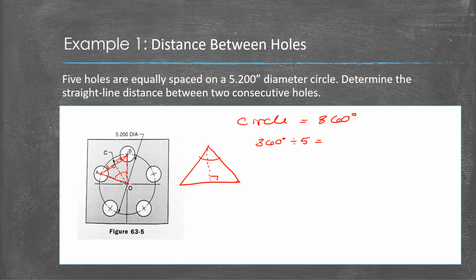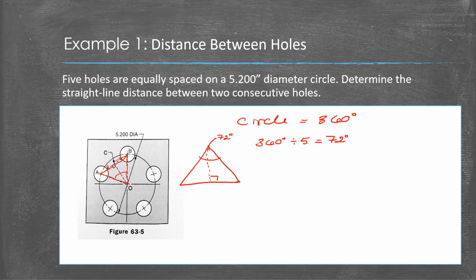If we take 360 and divide it by 5, we get 72 degrees. Now that we have 72 degrees, we are able to continue with our calculation. So 72 degrees is this whole angle up here.